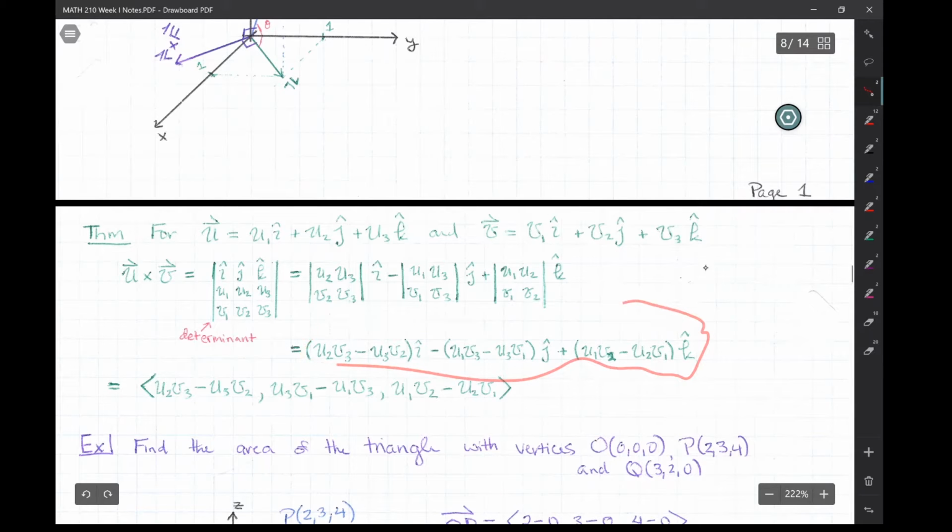So that we're not stuck with dealing with the magnitude and right-hand rule.